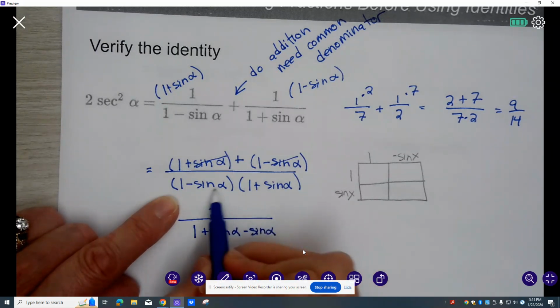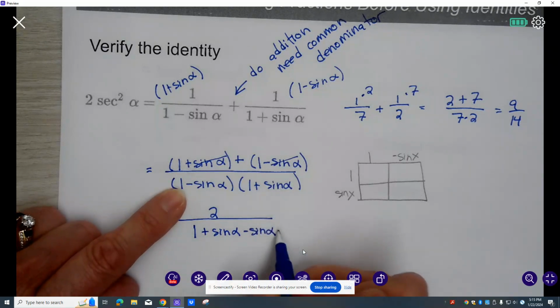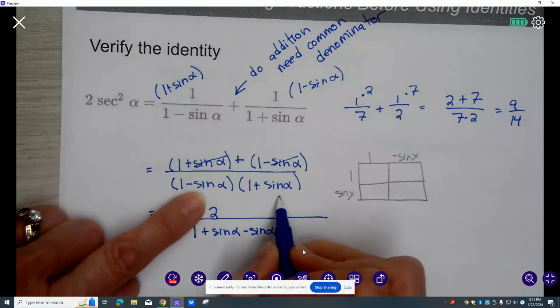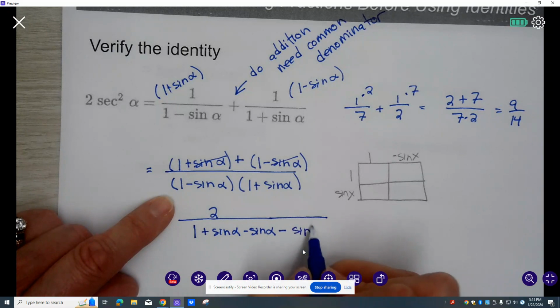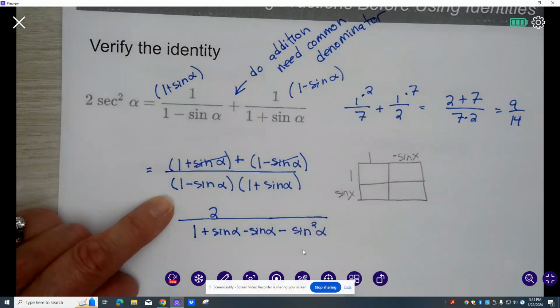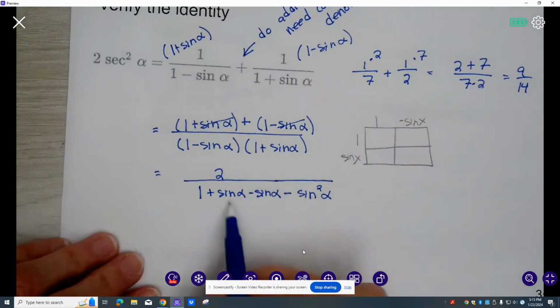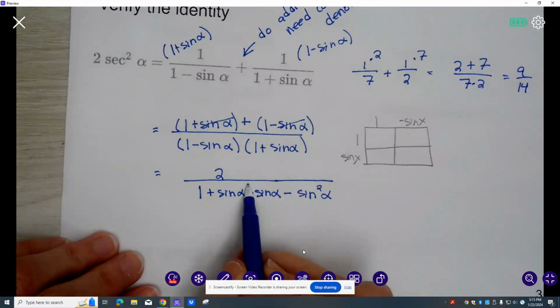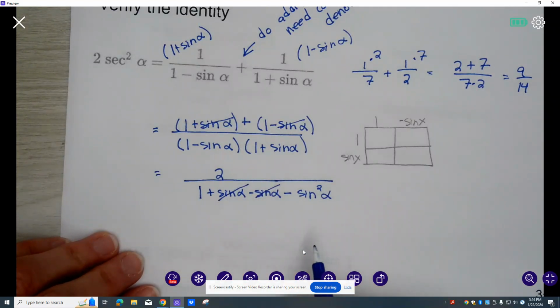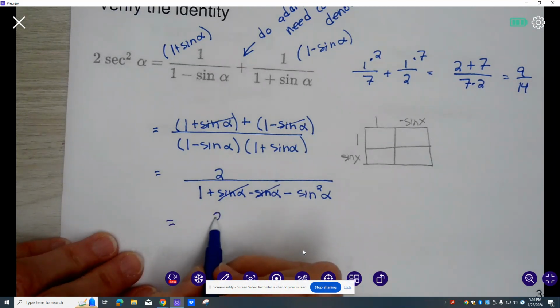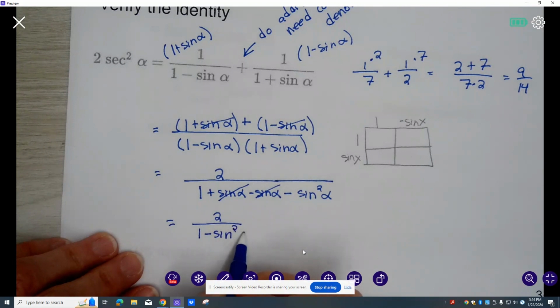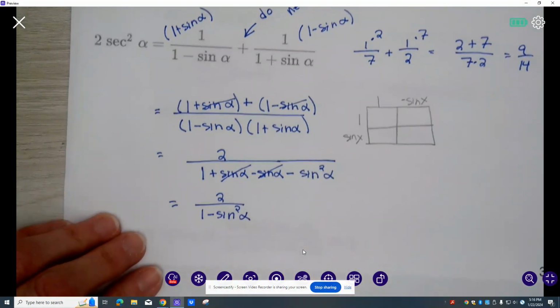And last times last, 1 positive and 1 negative, so that'd be minus sine times sine, which is sine squared. Now you notice these inside terms, 1 positive and 1 negative, add to 0 or cancel out. So now I'm left with 2 over 1 minus sine squared of x.